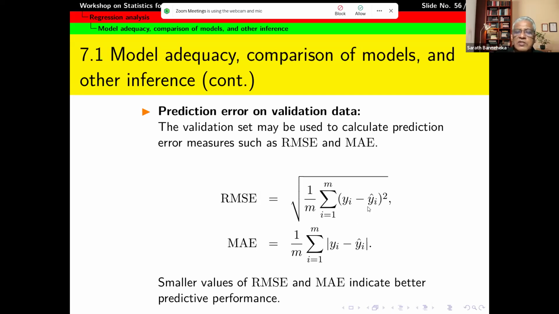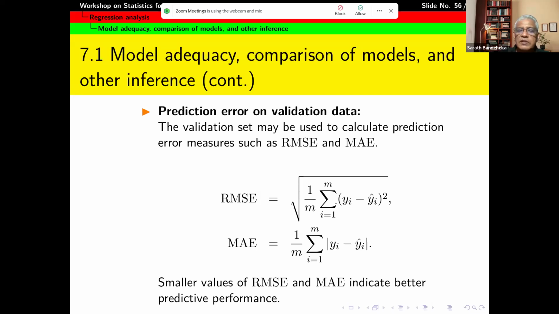The difference between them is the error in the prediction. So this measure is called RMSE, root mean squared error. That is the mean of the squared errors of your predicted values, with a square root taken. That's called root mean squared error.